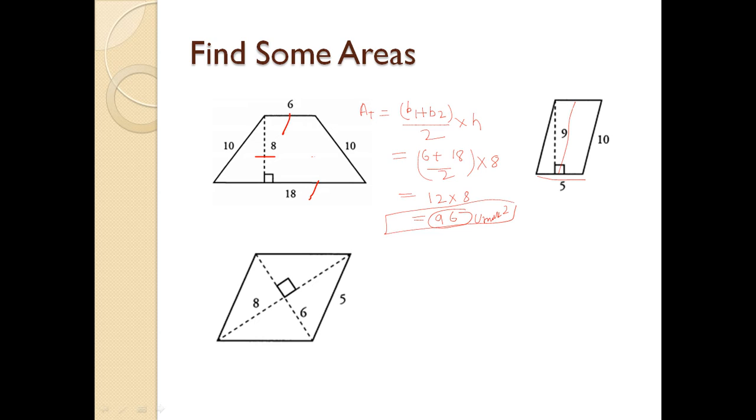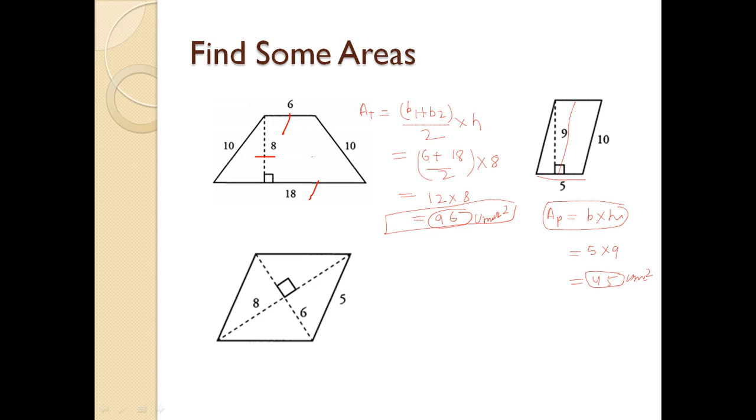If we are putting a perpendicular line on the base, it will be called height or altitude, whatever you want. So area of a parallelogram will be base into height or altitude. Okay, so what is base over here? 5, and height is 9. So area will come to 45 unit square.